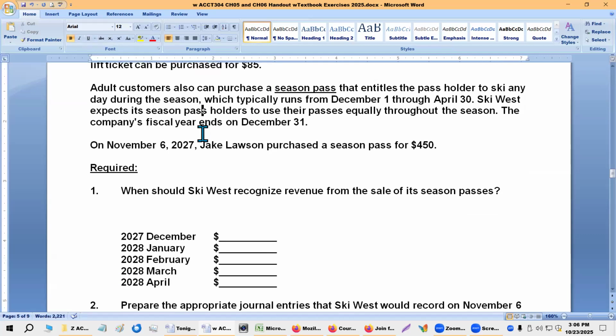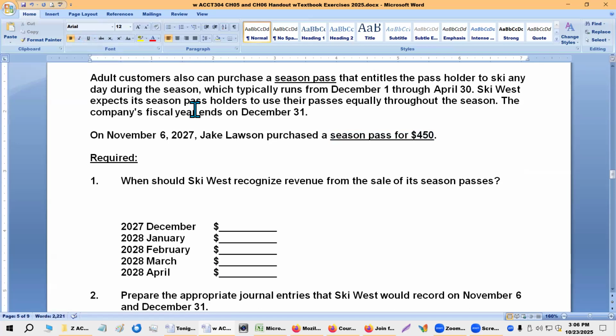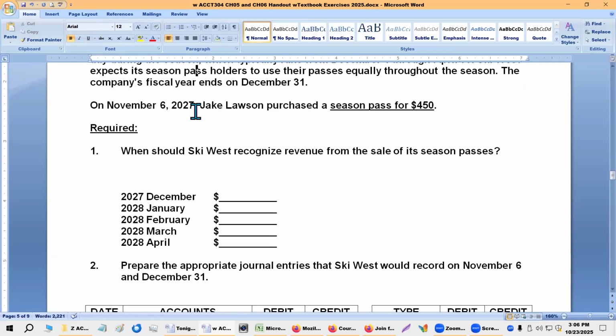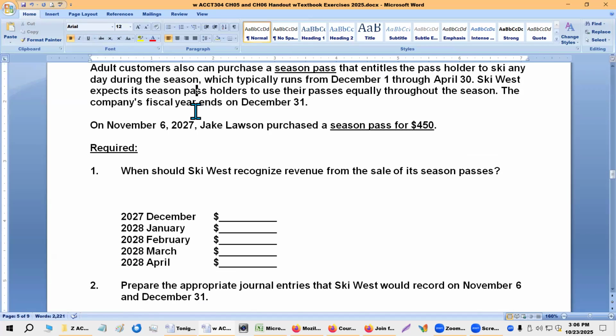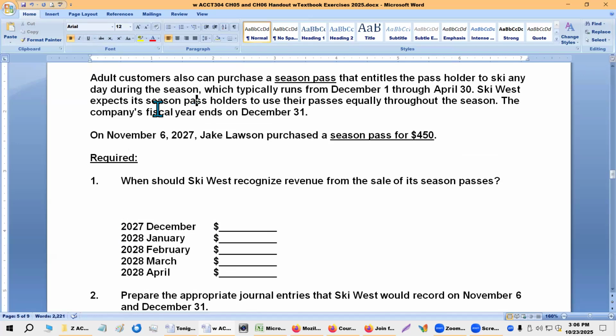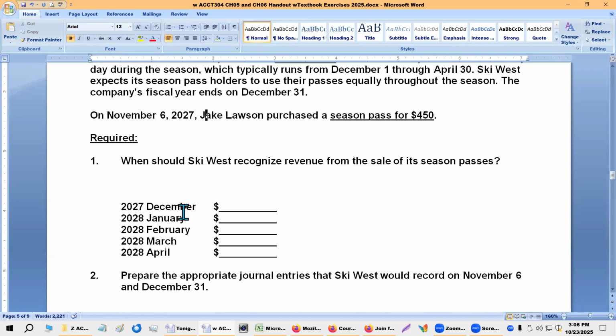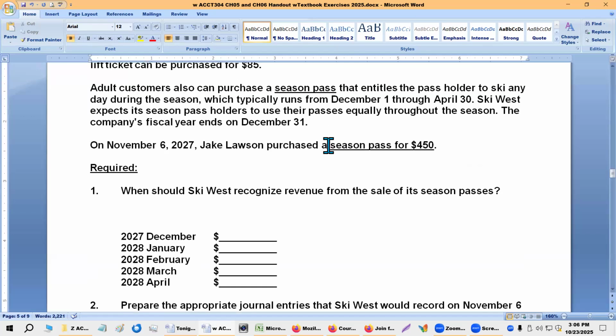Jake Lawson purchased a season pass for $450 on November 1st. Apparently Jake is planning on skiing in December through April. A season pass for $450, and the question is, how do we account for that?